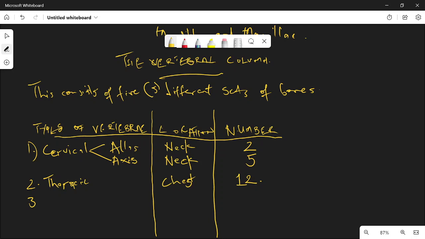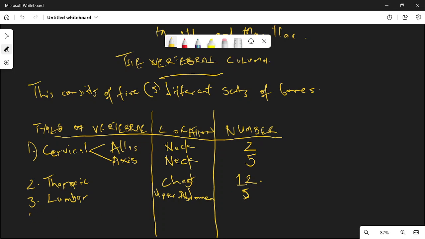The third one is called the lumbar. The lumbar is found in the upper abdomen, and it has a number of 5.